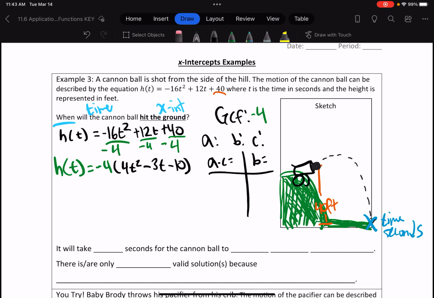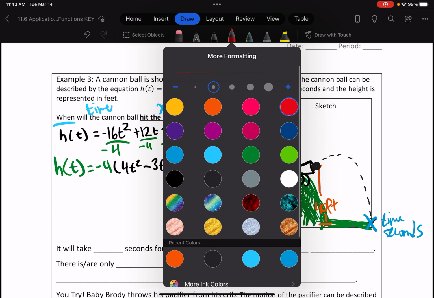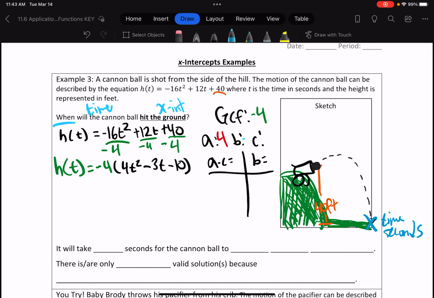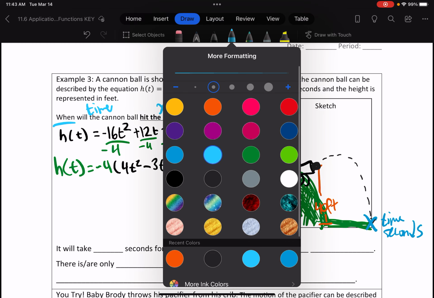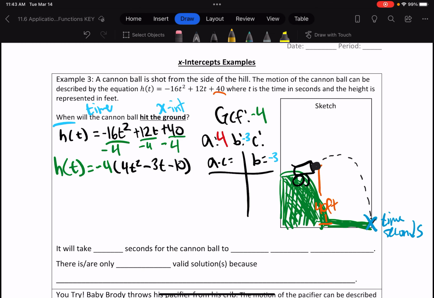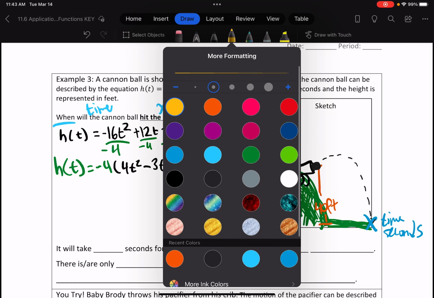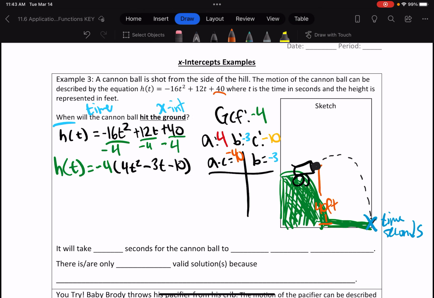minus 3t minus 10, where I now have an A value of 4, a B value of negative 3, and a C value of negative 10. So I have to find two numbers that multiply to negative 40, but add to a negative 3. So let's see, I've got 1 times 40, 2 times 20. 3 is not a factor of 40, but I've got 4 times 10, 5 times 8, and then we'll be back to 8 times 5.